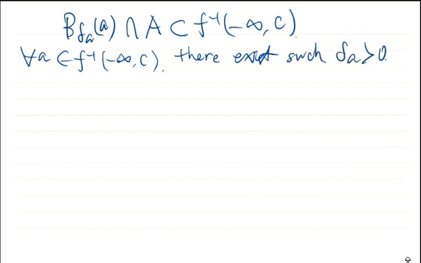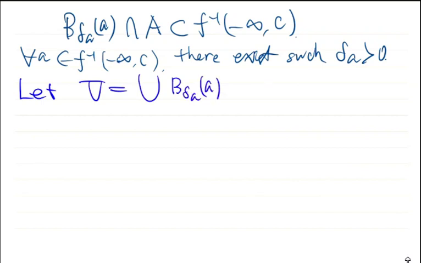Okay, now how do we get our open set U? The set U is given in this way. Let U be the union of all these balls, for every a running through this pre-image.